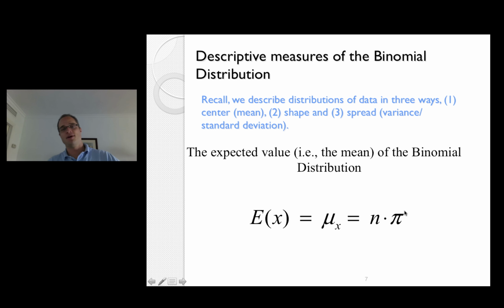I already mentioned, when I'm flipping my coin 10 times, I expect to get 10 times 0.5, which is 5 heads or 5 tails. It's not impossible for me to get another number, but my expectation, and indeed the average number, is going to be 5.